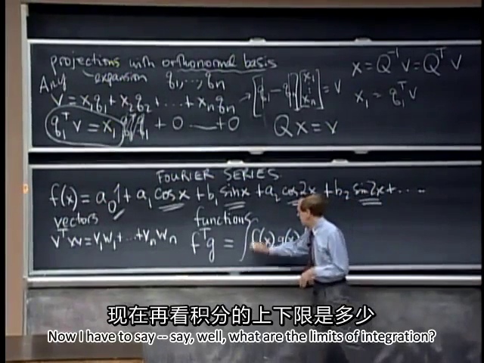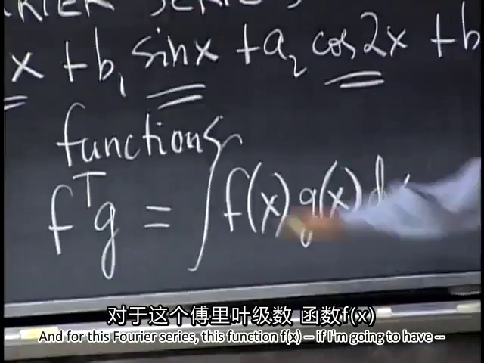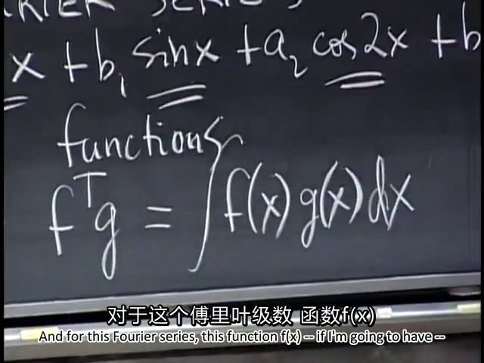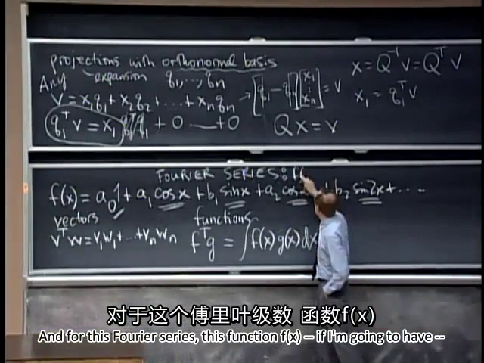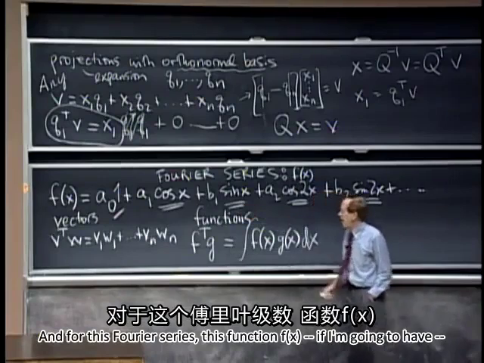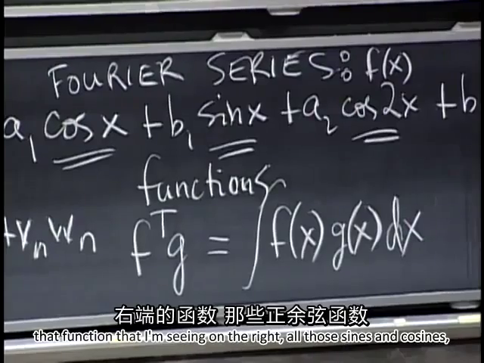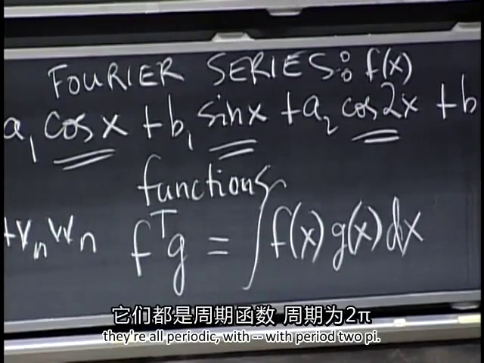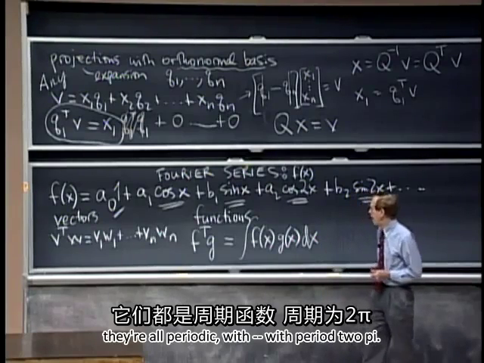Now I have to say, well, what are the limits of integration? For this Fourier series, this function f of x, if that right-hand side is going to be f of x, all those sines and cosines are all periodic with period 2 pi.